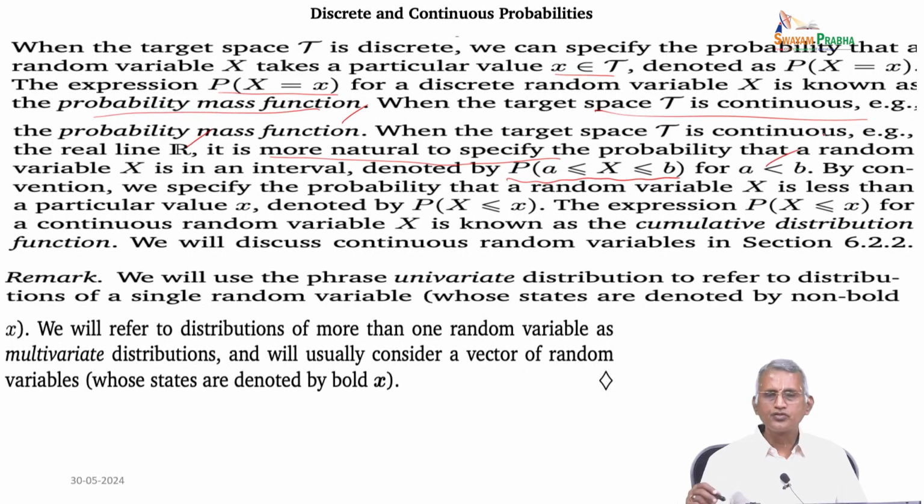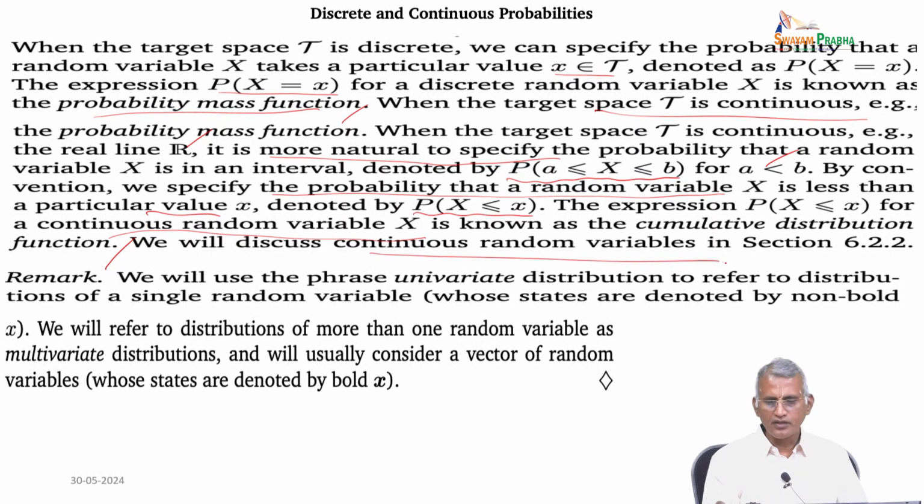This statement is true if a is less than b. By convention, we specify the probability that the random variable X is less than a particular value x, denoted by probability of X less than or equal to x. This expression for a continuous random variable x is known as the cumulative distribution function.